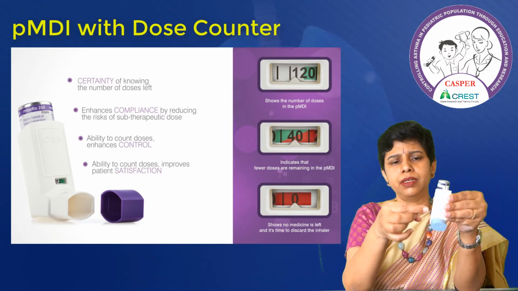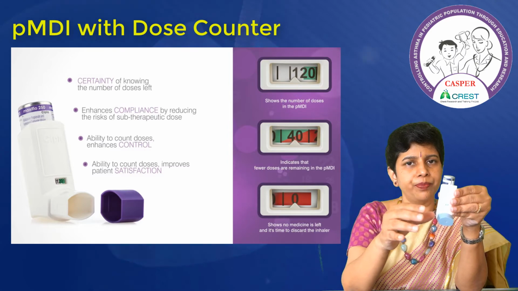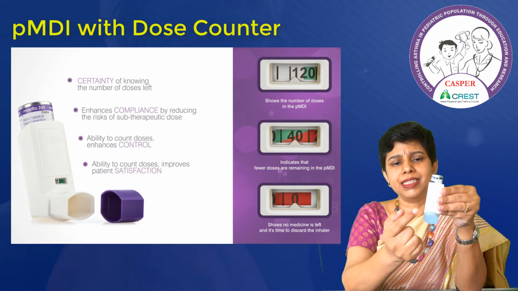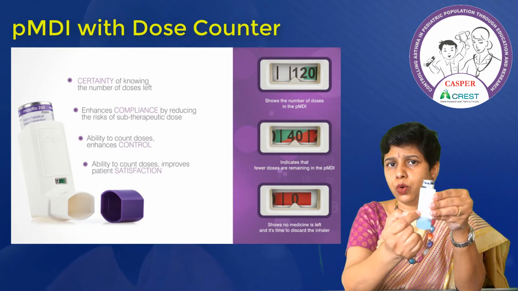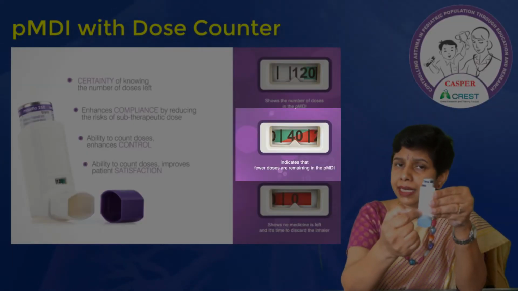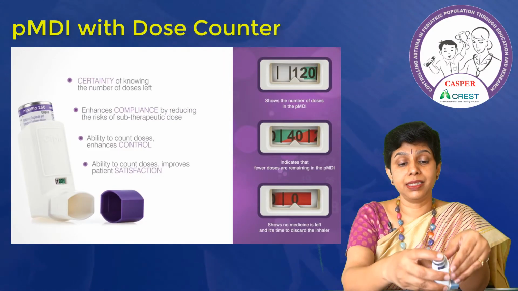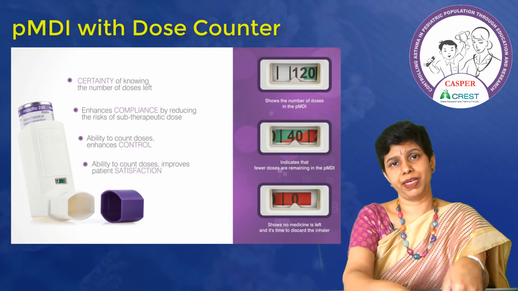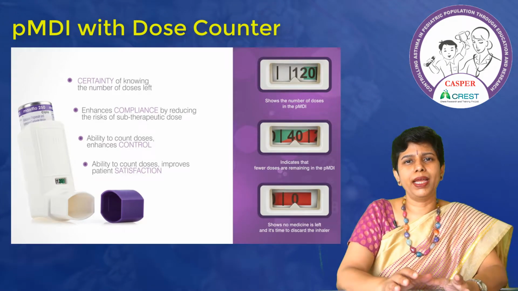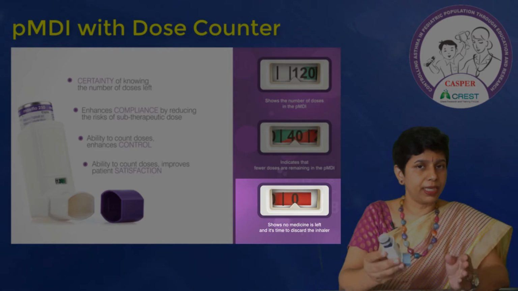So you will have the counter reading 120 and then 100 and then 80. The biggest advantage is that it is color coded. So when the last 40 doses are remaining, the counter becomes red. And this is something we should educate our patients about. Tell them that when this counter turns red, please procure your new inhaler.